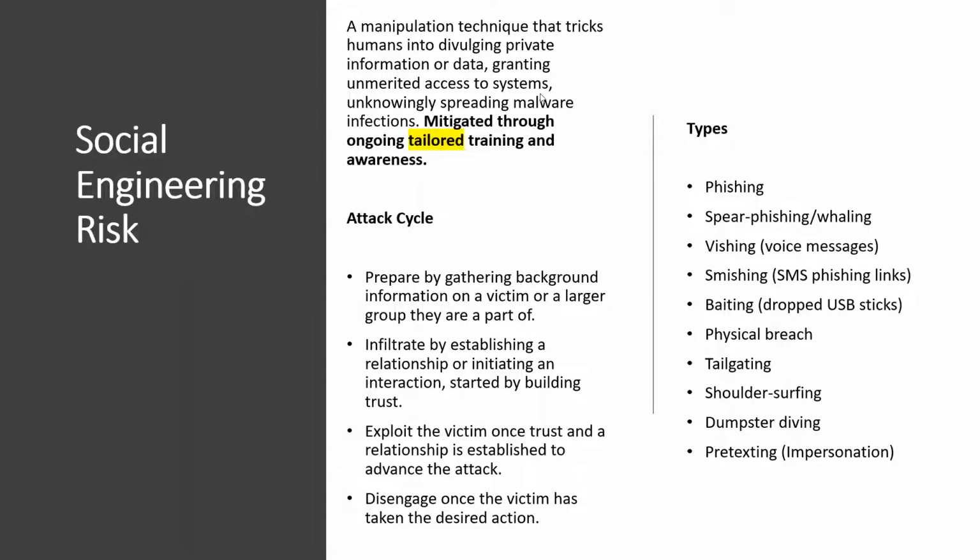Social engineering risk. This is where we have cyber criminals manipulating human beings, employees, into divulging or sharing private information or data. In some cases, allowing them to gain unauthorized access to systems.